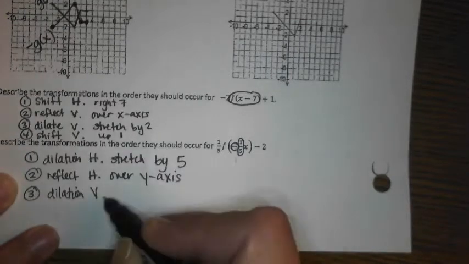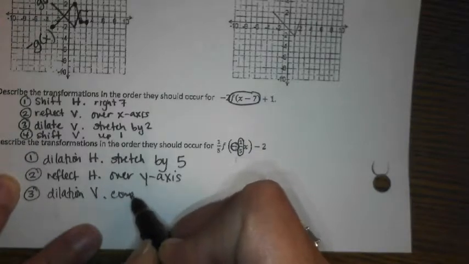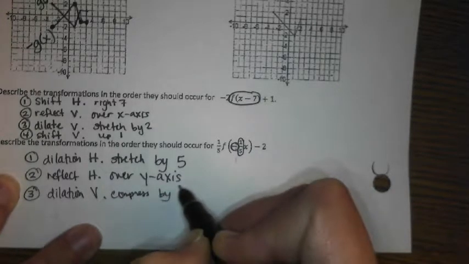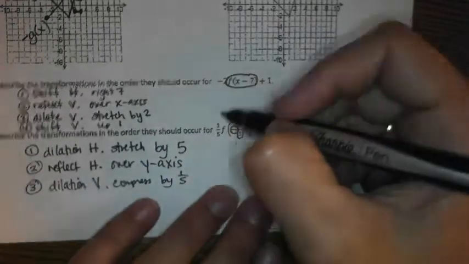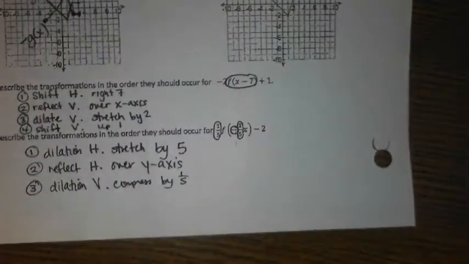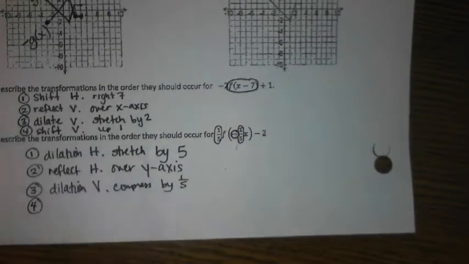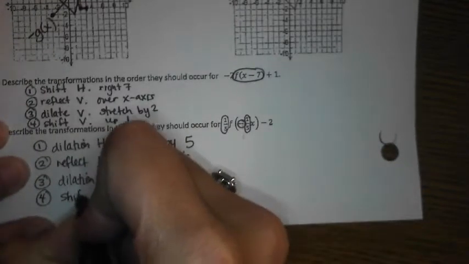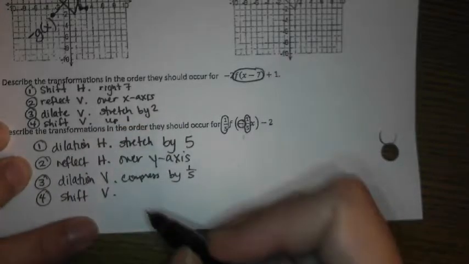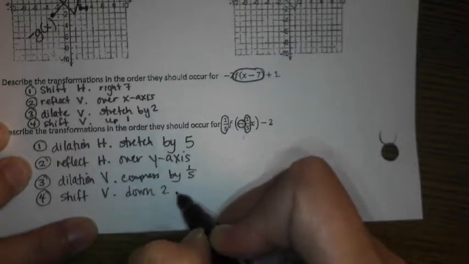Okay. Stretch or compression? Compress by 5 or 1/5. Honestly, I would take either because it's kind of like one of those. So he was addressing the 1/5 out in front, which was correct. And then lastly, the -2 at the end. Oh, Madeline. Shift. Vertical. Beautiful.